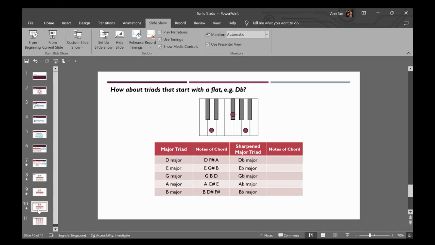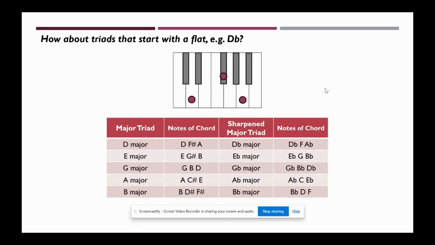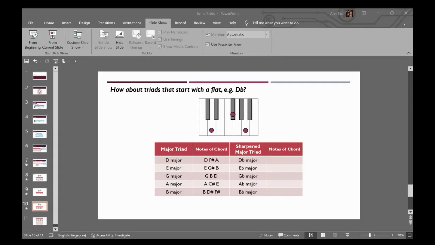So let's do the same for the flat notes, like D flat major, E flat major, and so on. So how do we do that? Let's take a look. For D major, it's made out of D, F sharp, A. To get the D flat major, we flatten all the notes.